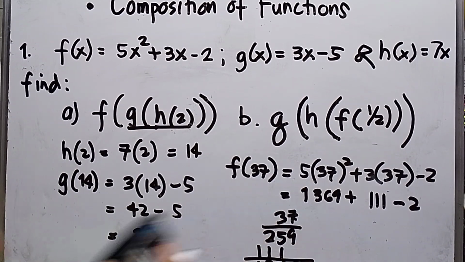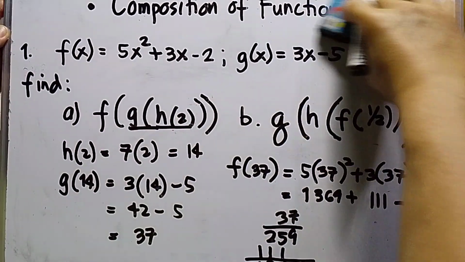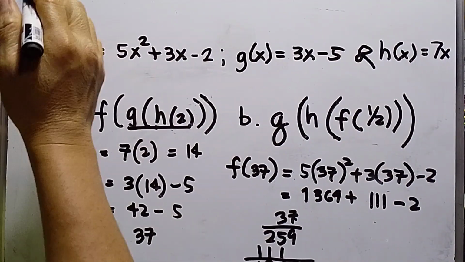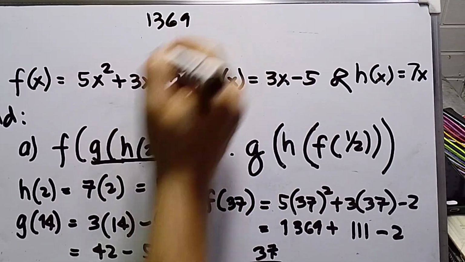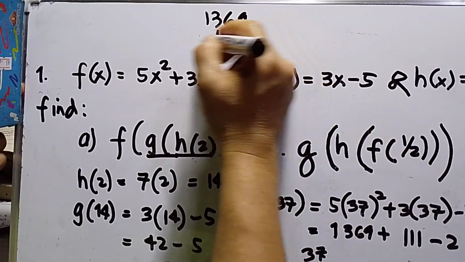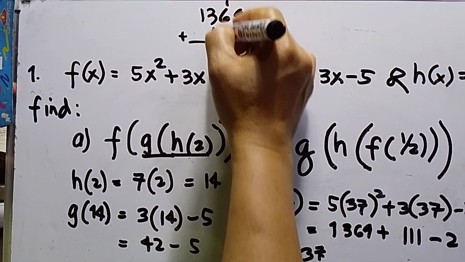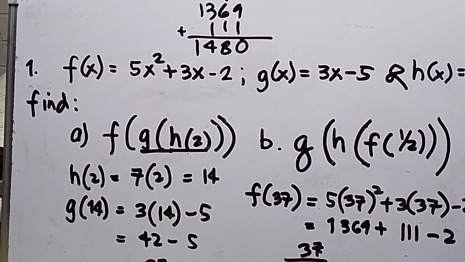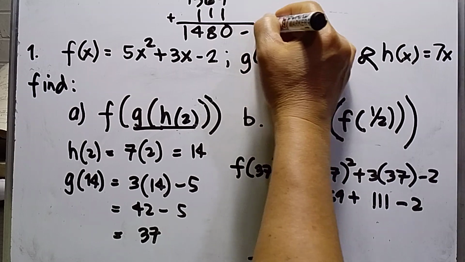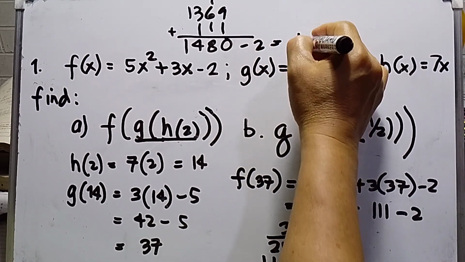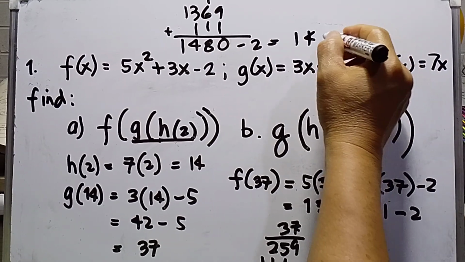So what is 1369 plus 111? 1369 plus 111: this will be 10, carry 1, 8, this will be 4. Then I've got 1480. And then less 2. So this will be 1478.